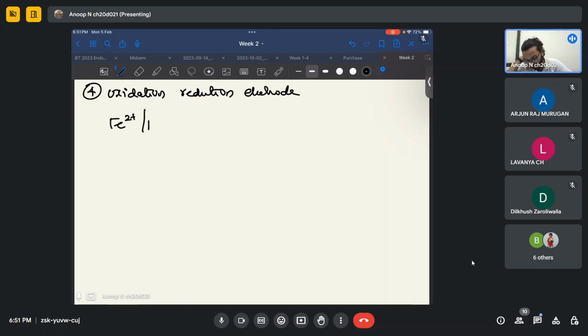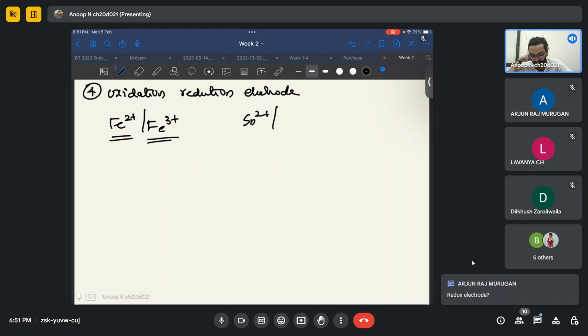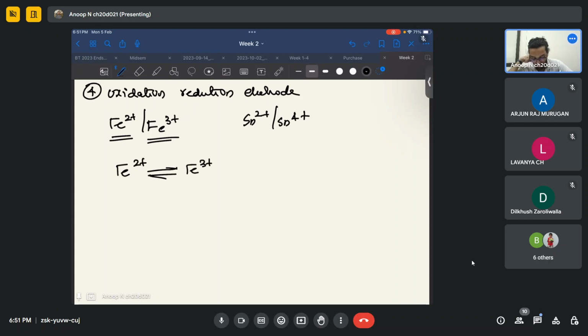Example is Fe²⁺|Fe³⁺, the ferro-ferric system, a standard system we use for so many examples in our lab. And the second one is Sn²⁺|Sn⁴⁺. So Fe²⁺ gives Fe³⁺ plus electron, or Sn²⁺ gives Sn⁴⁺ plus 2 electrons.